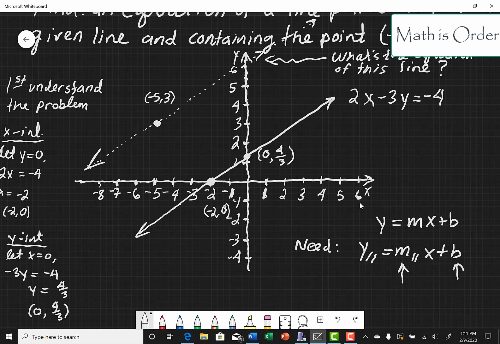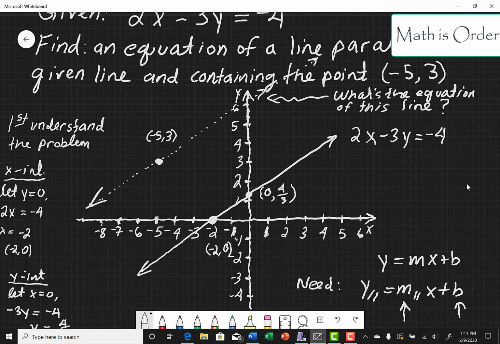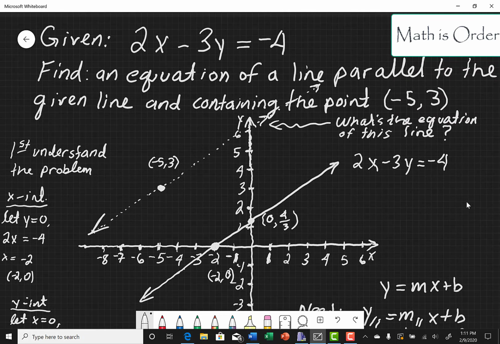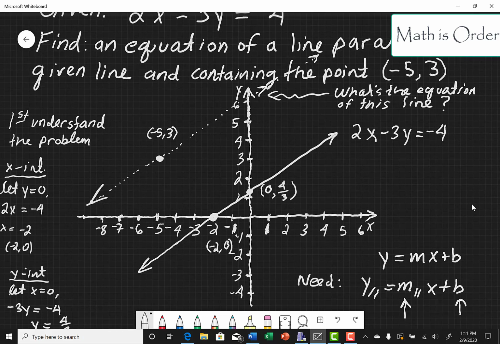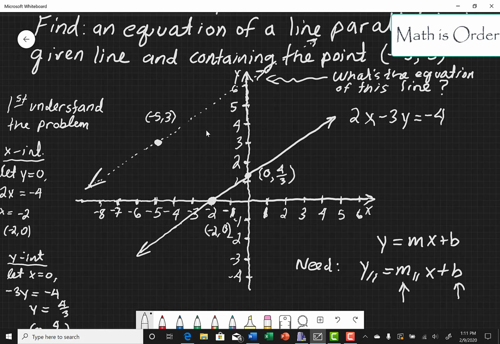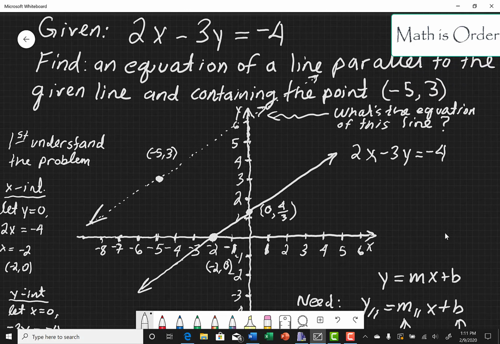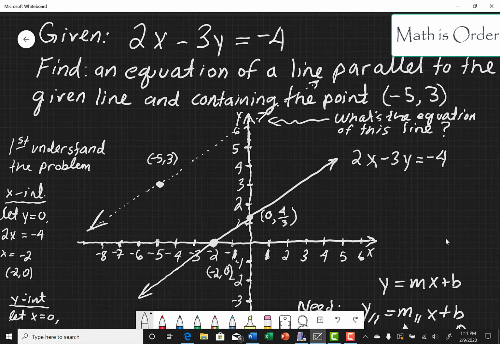So here is what we understand about this problem. We need to find an equation of this parallel line to this given line and going through this point -5, 3. I hope the question is now clear.